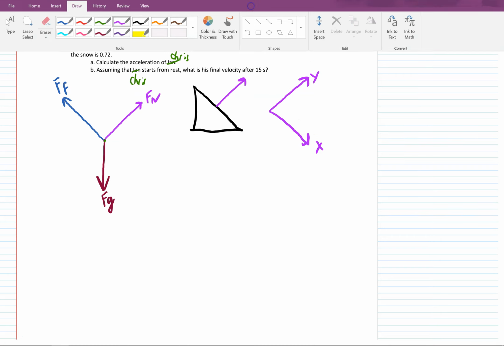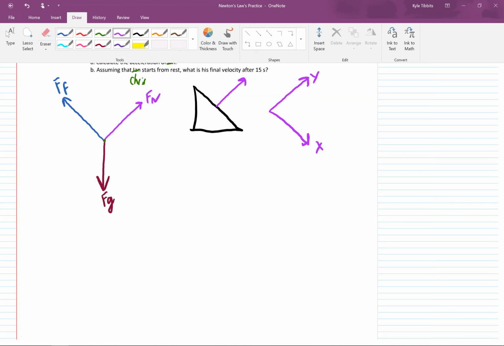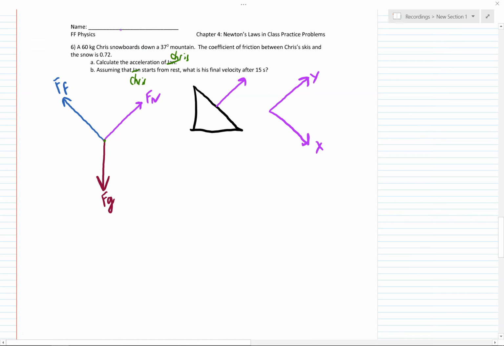When we do that, we're now breaking up gravity into its components, Fg in the y direction and Fg in the x direction. Fgy will be perpendicular but going down. Fgx will be parallel and going to the right.